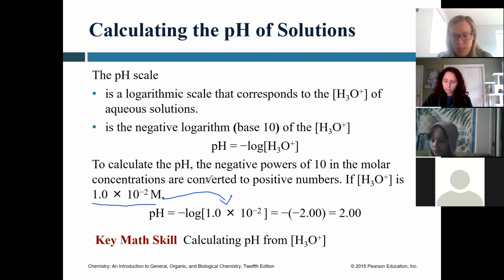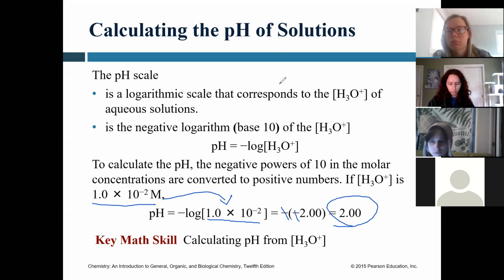So I've got 1.0 EE to the negative 2. I need to take the log of it. So on my cell phone, first I plug this in, then I hit the log button, and then I'll reverse the sign because it's a negative. So we get a pH of 2.